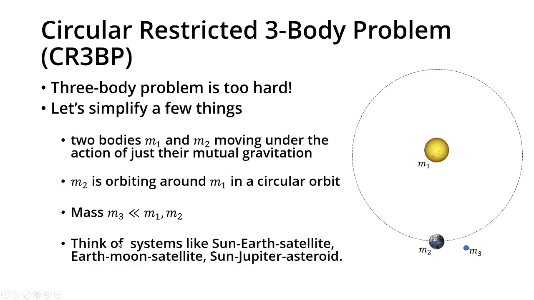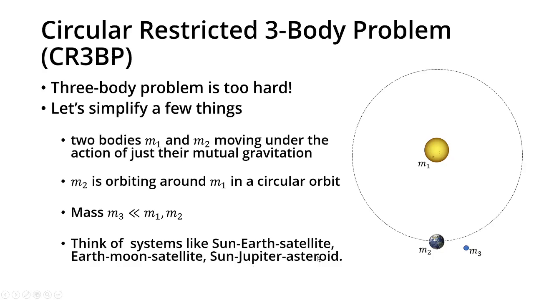Okay, so what kind of system like this exists in the real world? I mean, what kind of real-world application? Well, you can imagine it like a Sun, Earth, satellite system. Or another three-body system like Earth, Moon, and satellite. That is also a three-body system. Or Sun, Jupiter, asteroid.